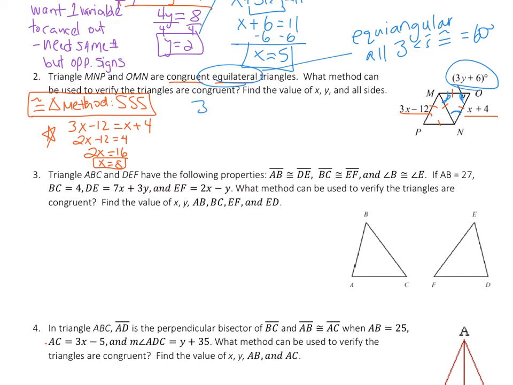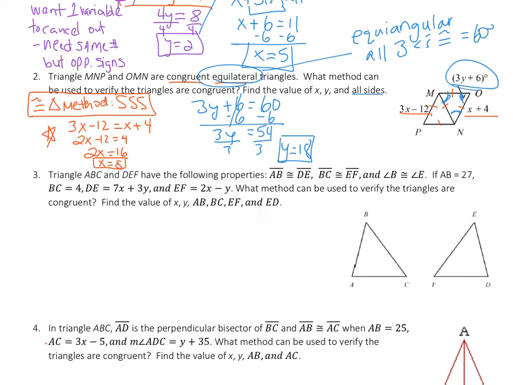So I know that 3y plus 6, my angle given, has to equal 60 degrees. So let's go ahead and solve for y. If we subtract both sides by 6, we get 54 equals our 3y. Divide both sides by 3, and we get y equals 18.